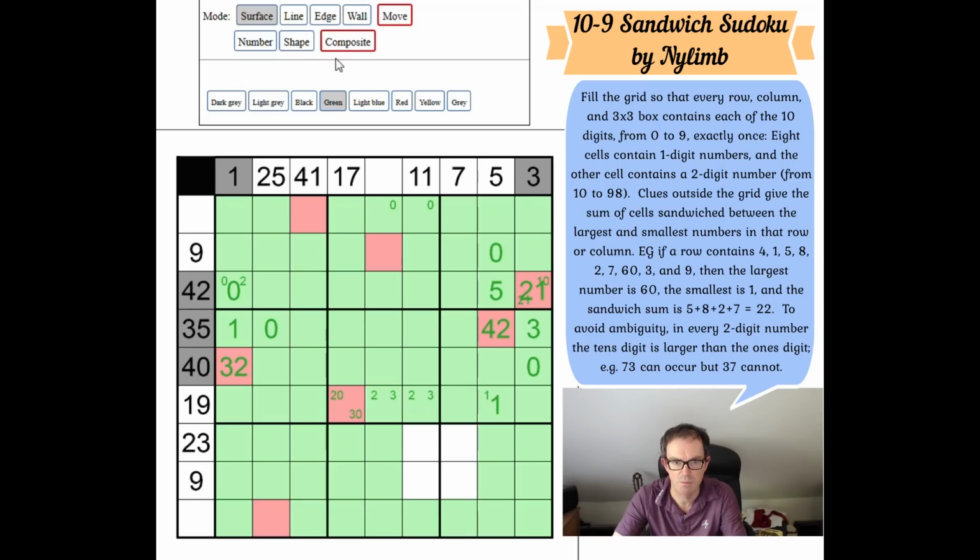This can't be a 2-digit number, because if it is, how does this 7 clue ever get filled? We know that the other boundary, the one that's not the 2-digit cell, has to be a 0, 1 or a 2. Well, look, we've got 0, 1 and 2 in this box already, so the 7 clue would have to end somewhere up there, which it can't. So this is just absolutely impossible.